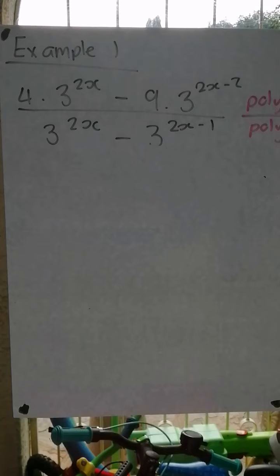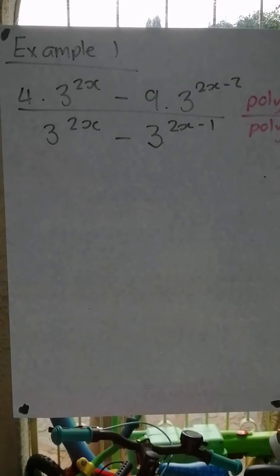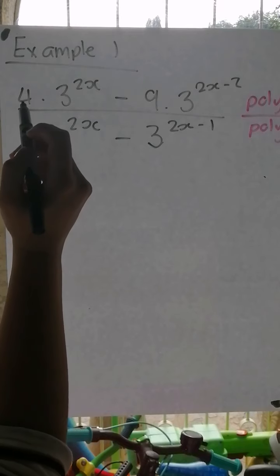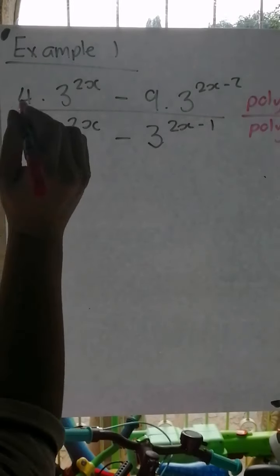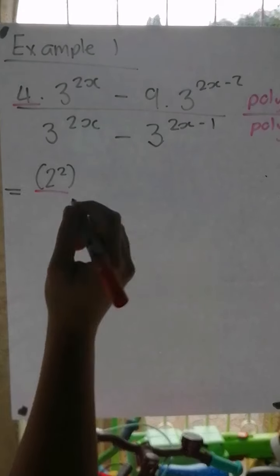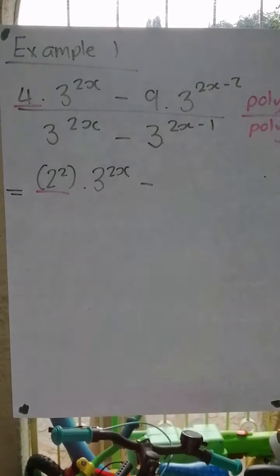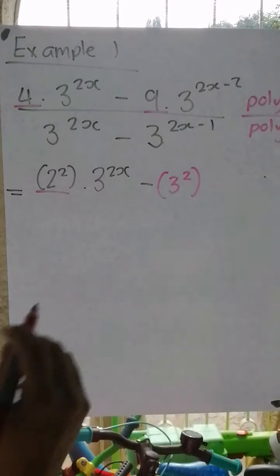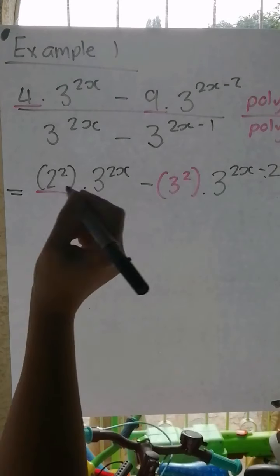Right, I'm going to write things as products of their prime factors. I don't really have to rewrite 4 as anything, but let's do it regardless. I've got 2 squared, that is my 4. 3 doesn't change, times 3 to the power of 2x minus, rewriting 9 as 3 squared, times 3 to the power of 2x minus 2.